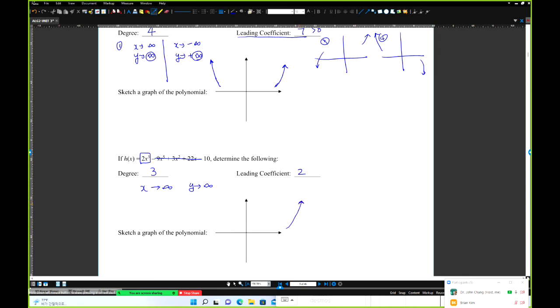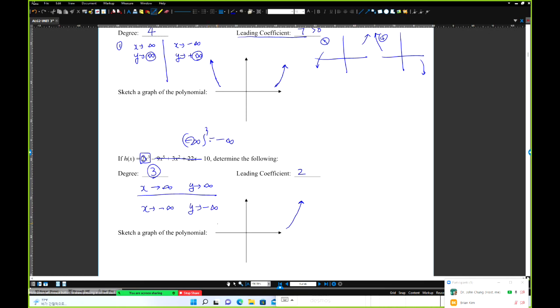To the left, x goes to negative infinity. Negative infinity cubed is what? Still negative. Negative 3 times still negative. A positive times negative infinity is still negative infinity.